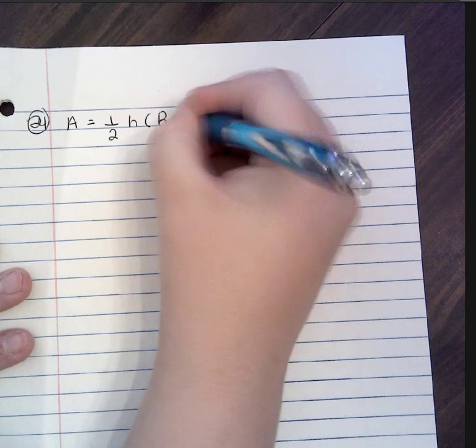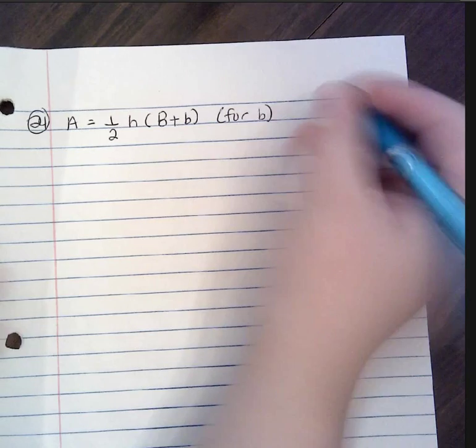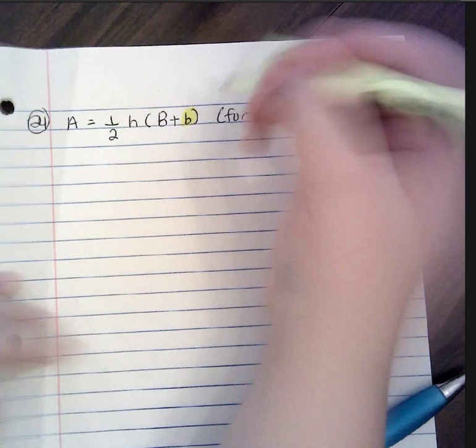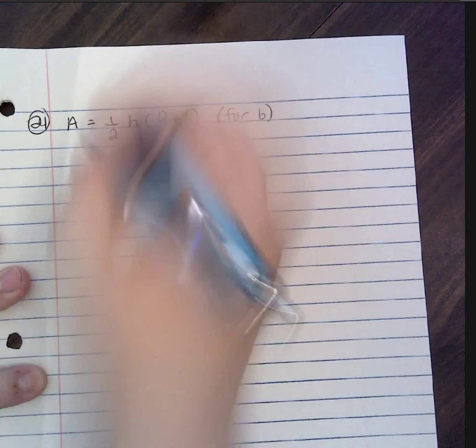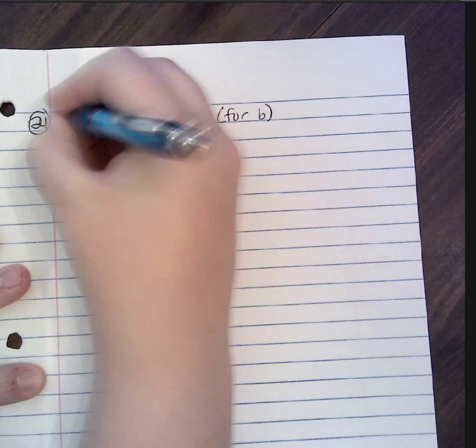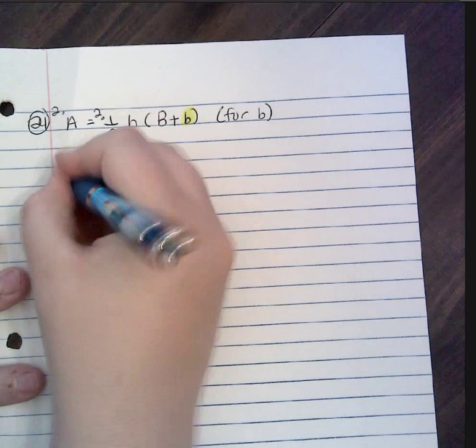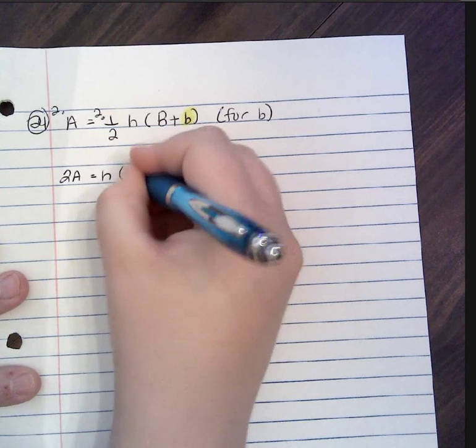So that's a big B plus a little b. And we're solving for that little b. All right. First thing you should do is take care of the fraction. So you multiply both sides by 2. So you get 2a equals h, and in parentheses, b plus b.